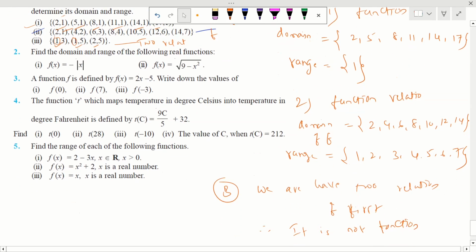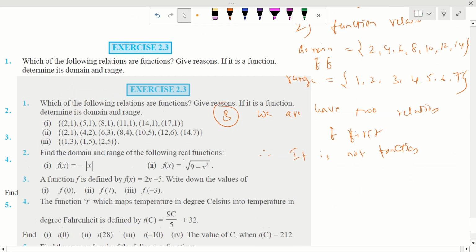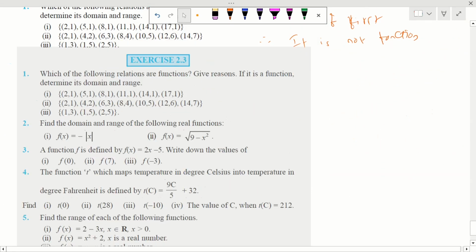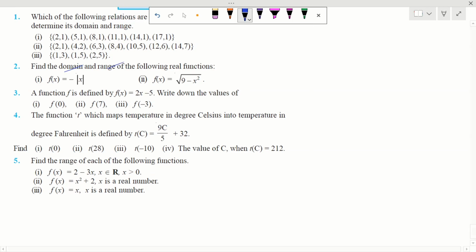Now we'll discuss the second problem. We need to find the domain and range of the following real numbers. Here f of x is equal to minus modulus of x.